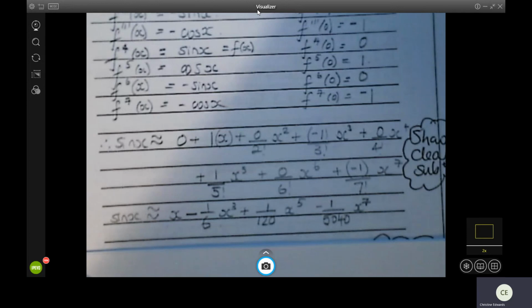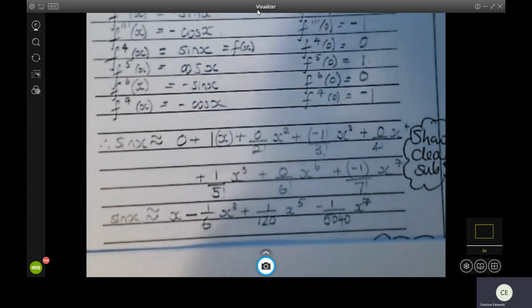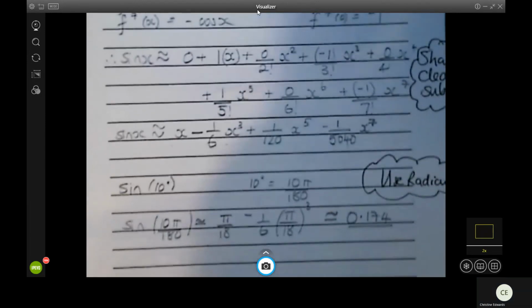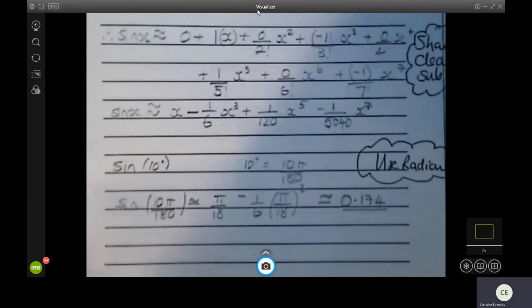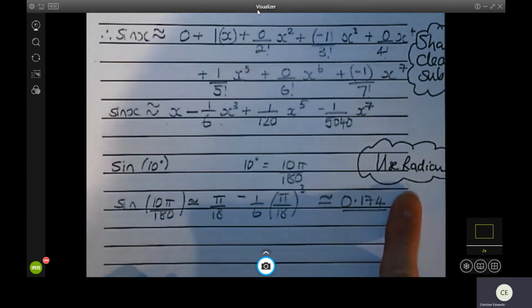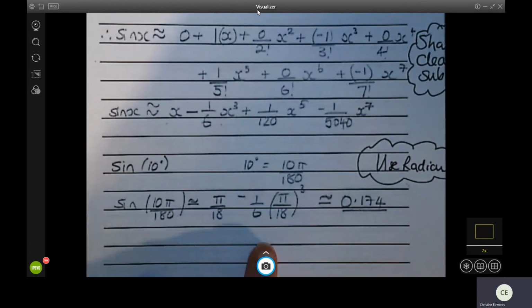I'm now going to be asked for part B to use the first 2 terms of the series to find an approximation for the sine of 10 degrees. So this is included to remind you that we need to use radians because Maclaurin works when we have our trig functions in radians.